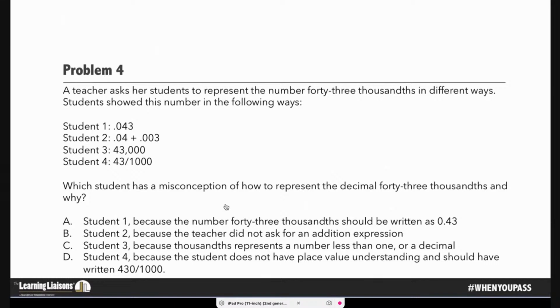Student 2 said 0.04 plus 0.003. Student number 3 said 43,000. And student number 4 said 43 divided by 1,000. Which student has a misconception of how to represent the decimal 43 thousandths and why?